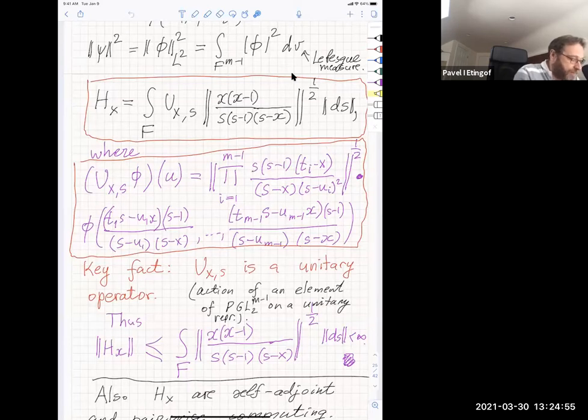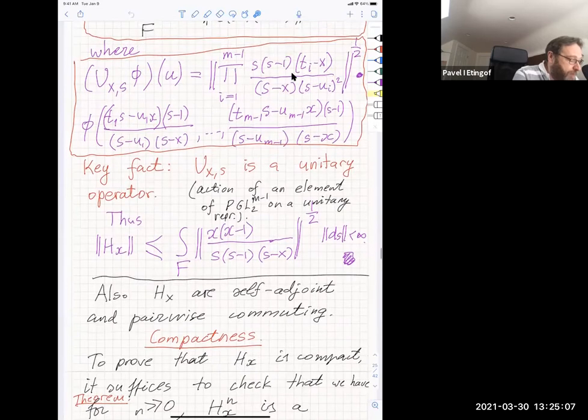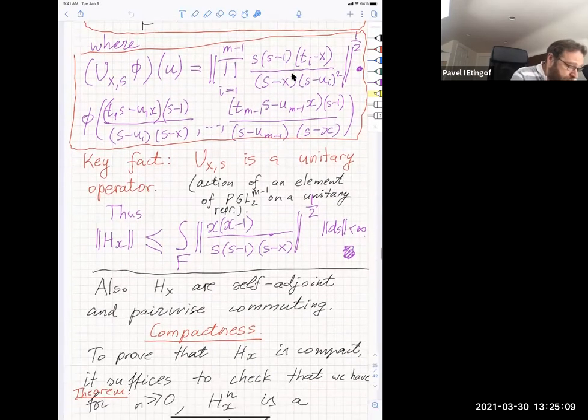Well, t and x are fixed, but s is varying. But for fixed s, it's a fractional linear transformation of u. So this is an element of the group SL2(F), or maybe PGL2(F), because we are acting by projective transformations.